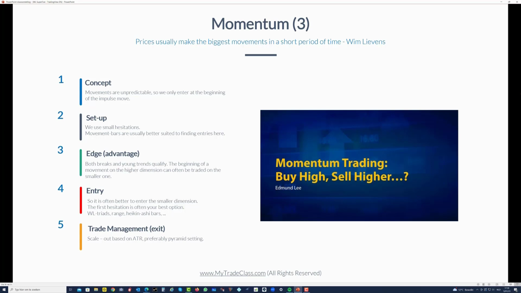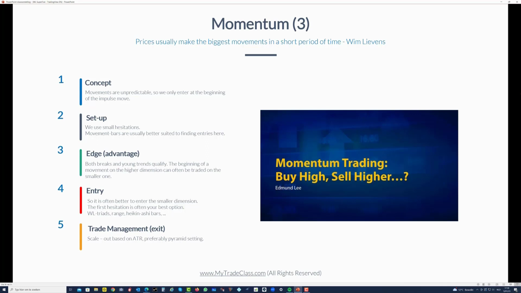But I saw a huge candle, and I was too late to get in, and I didn't want to get in there because then I had to put my stop very far away, and so I missed a lot of moves. I missed a lot of trading opportunities. So I developed this.